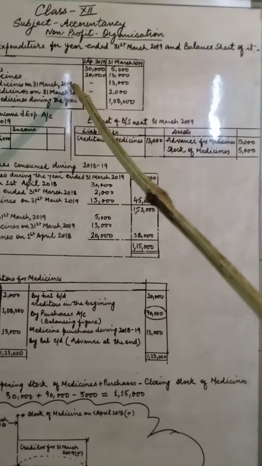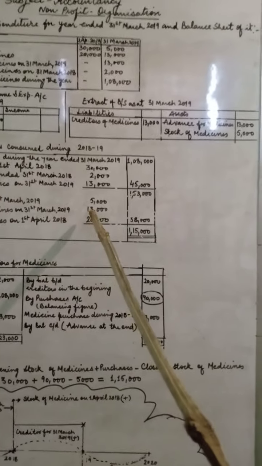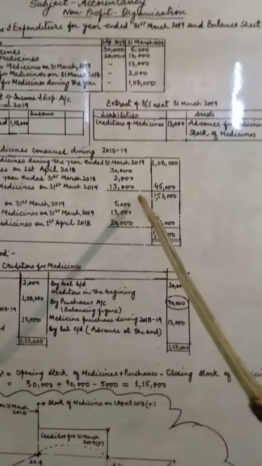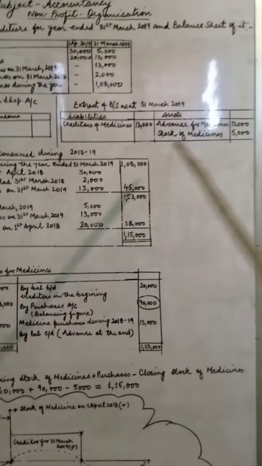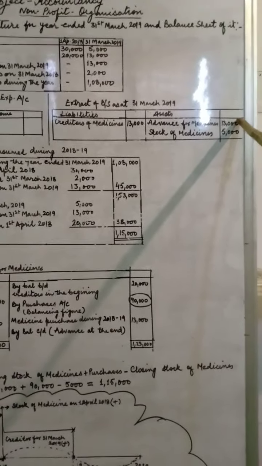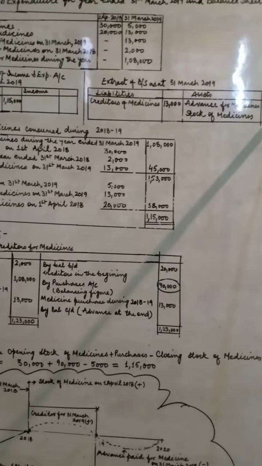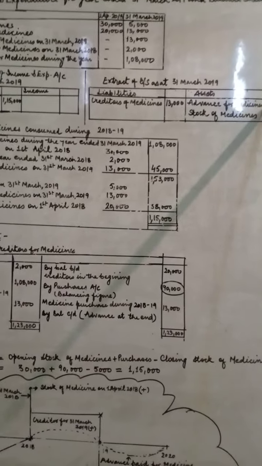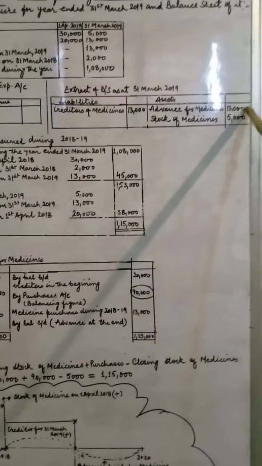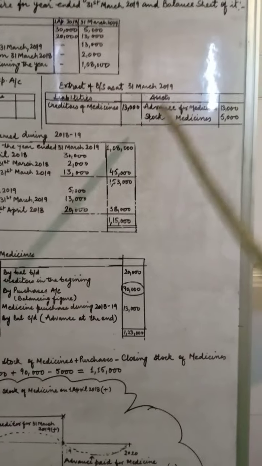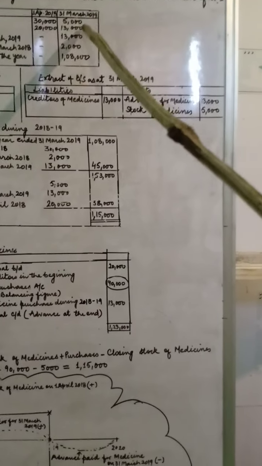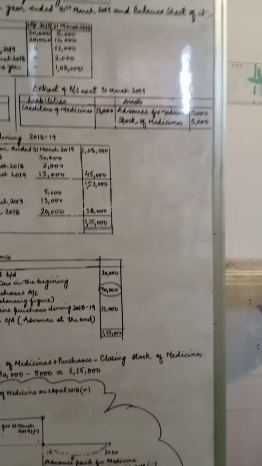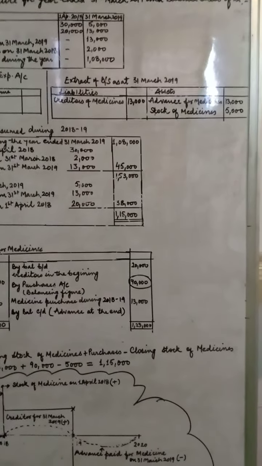Although it is deducted from the working note, this 13,000 is actually the advance, and you have already taken it as an asset. So this medicine advance will go to the asset side of the balance sheet. Also the stock of medicine with 5,000 of 2019 will be an asset and will go to the asset side of the balance sheet.